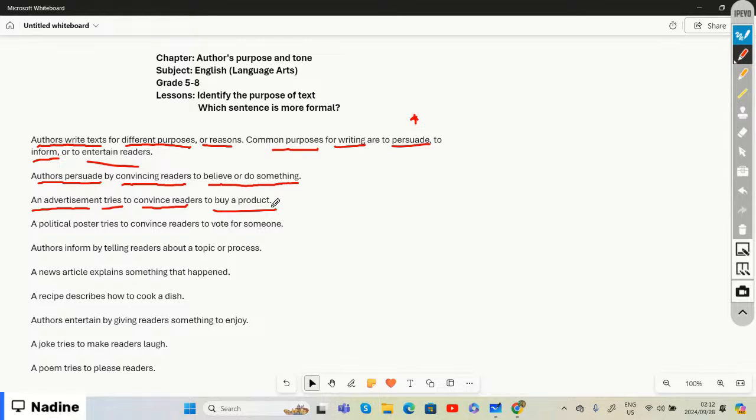When they advertise a specific product, they will sell that item so well that you'd want to buy that item. And that is part of persuading us as readers to buy the specific item. And that is what authors do.